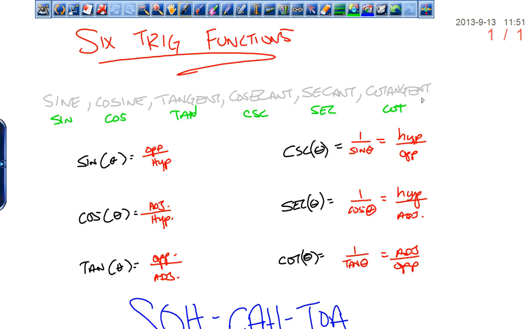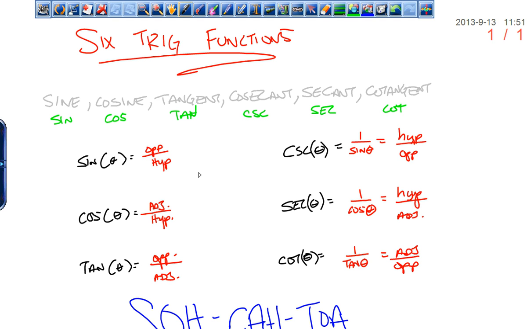Alright, so the first 3, SOHCAHTOA, pretty easy. Sine is opposite over hypotenuse, cosine is adjacent over hypotenuse, and lastly, tangent doesn't deal with hypotenuse at all, so that's opposite over adjacent. Remember, this is all in relation to a given angle, in this case theta. Then cosecant, secant, and cotangent are just 1 over those 3.